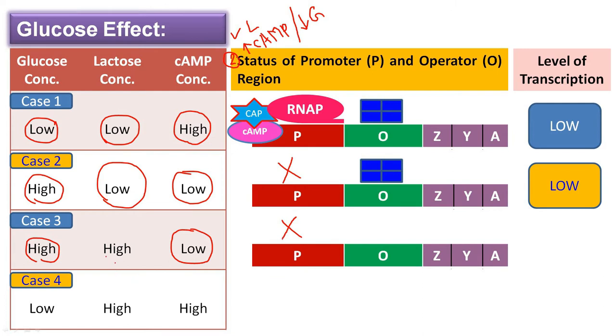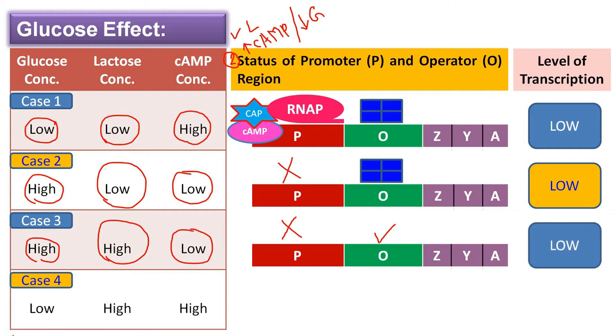But here the level of lactose is high, and this high level of lactose will inhibit the Lac repressor and inhibits its binding to the operator site. So the operator site will remain free, but since the RNA polymerase is not binding to promoter due to the lack of cyclic AMP, again the level of transcription will be low.